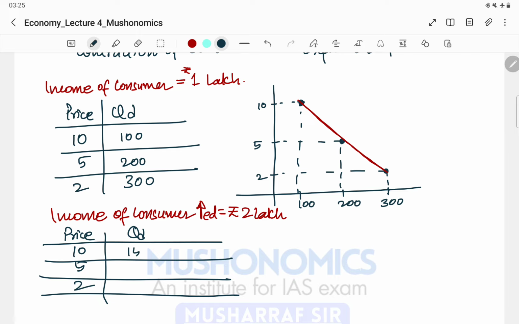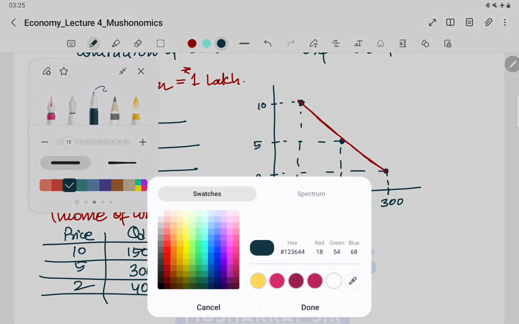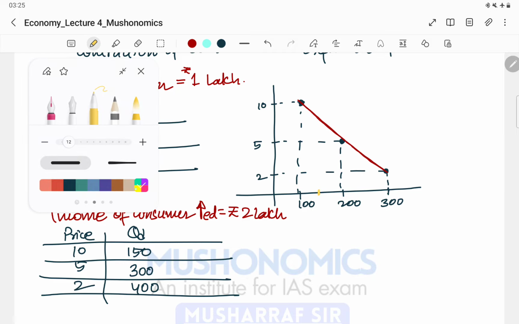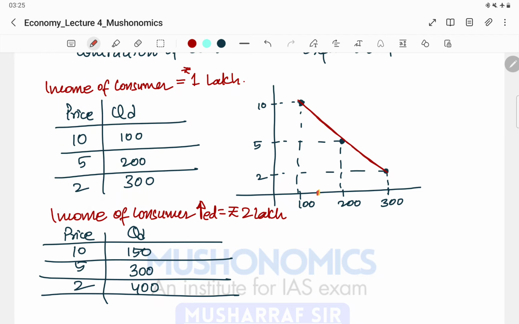For example, I will make it 150, 300 and 400. So at 10 rupees it will be 150, at 5 rupees it will be 300, and it will be 400 for this.